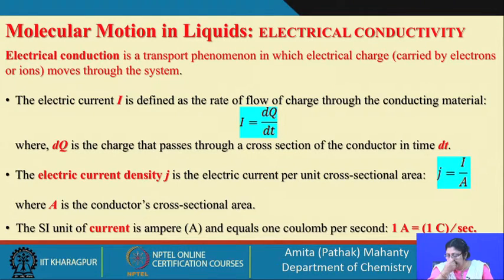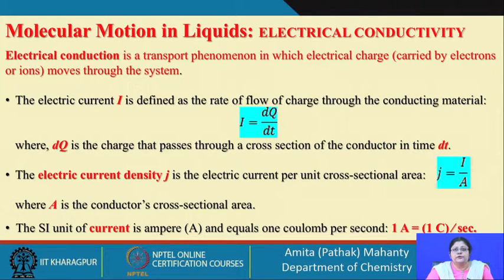Right. So, we can easily see what will be the unit of the current and what will be the unit of the electrical current density. Current, as you know, is equal to 1 coulomb per second, which is defined as 1 ampere. 1 ampere is defined as a charge of 1 coulomb passing in a time of 1 second.